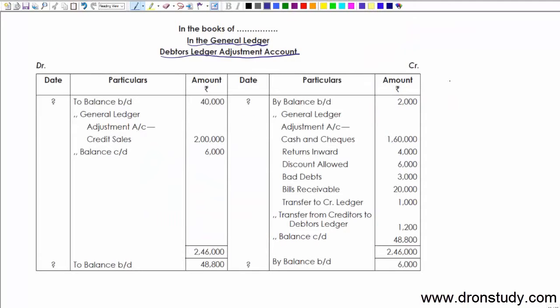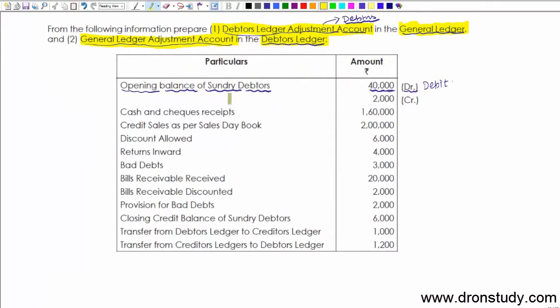So in the general ledger, in debtors ledger adjustment account, we will write on the debit side, because we are going to have both debit and credit, to balance brought down 40,000. Then you also have one more opening balance on the credit, that is 2,000.